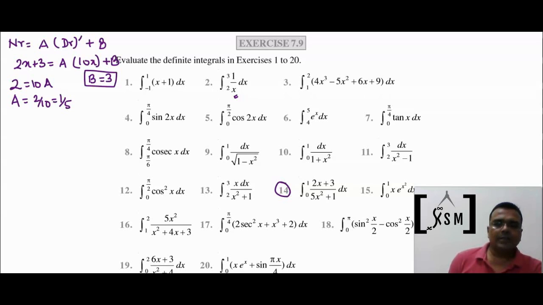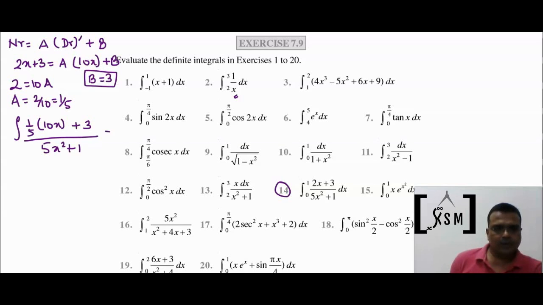And that is how we will write the numerator. Let's have a look. I am right now just integrating it. For 2x plus 3 I am writing 1 over 5 bracket 10x plus 3. And denominator we write as it is, no issue. And that is why we had supposed, right?